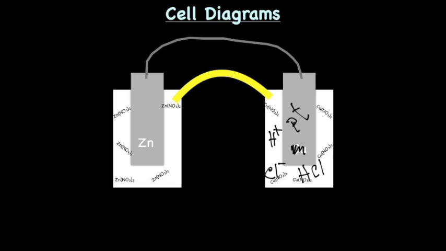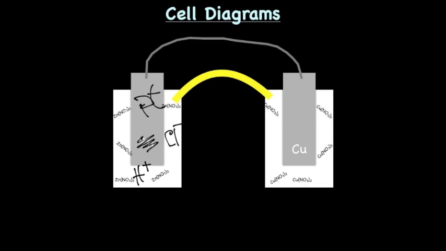And this would give us the half cell potential of the zinc. We would then do this again to figure out the electrical potential of the copper. This would be platinum, and this would be HCl. Okay, so that's the basic setup.